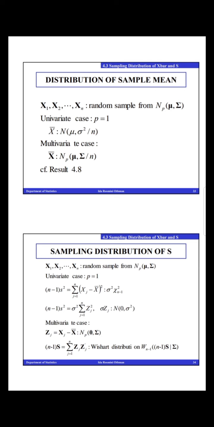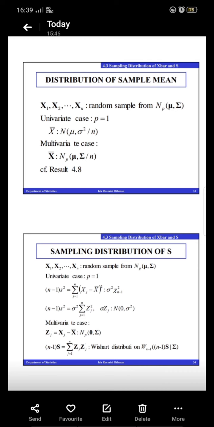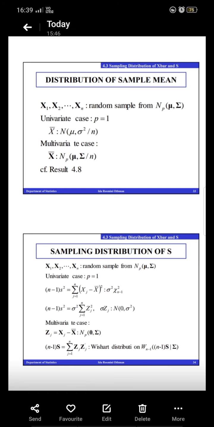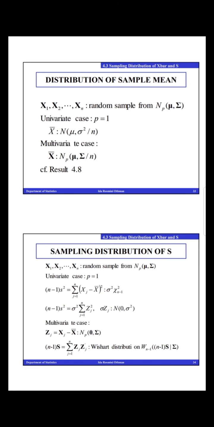So we apply this univariate case to the multivariate case. Then Zj, which is the vector Xj minus X bar, is normally distributed with mean 0 and variance big sigma.